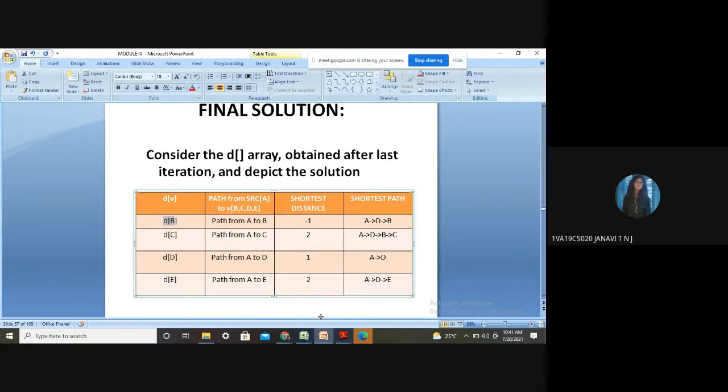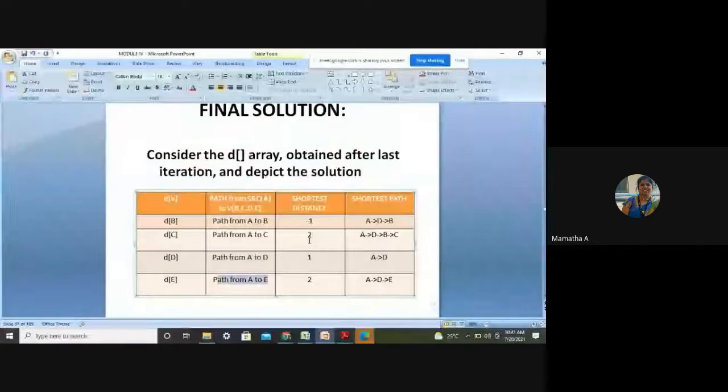From source A to B. Source to B. Source can be anything; in my case, it is A, so I have written it in the brackets. So B, C, D, E: path from A to B, path from A to C, path from A to D, path from A to E. And the shortest distances are -1, 2, 1, 2.